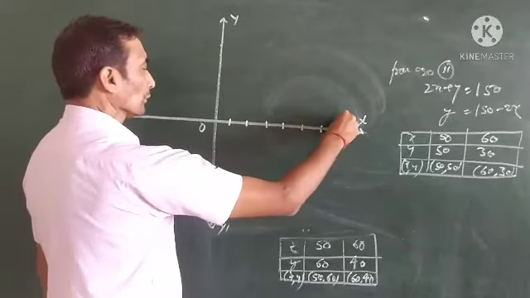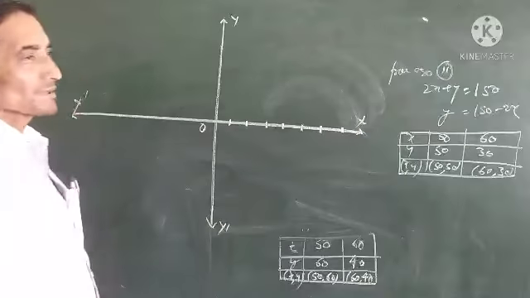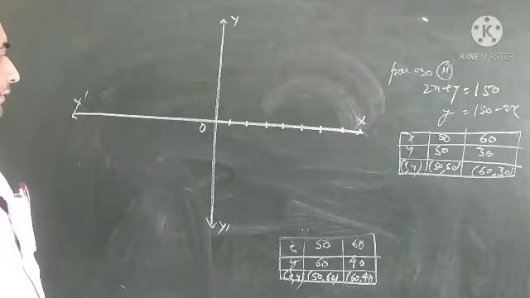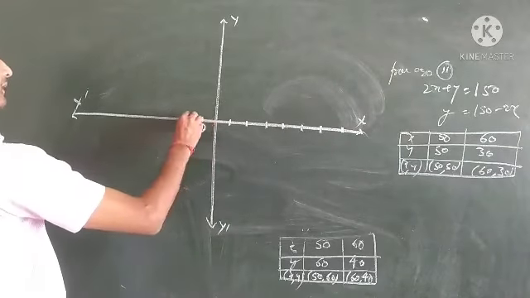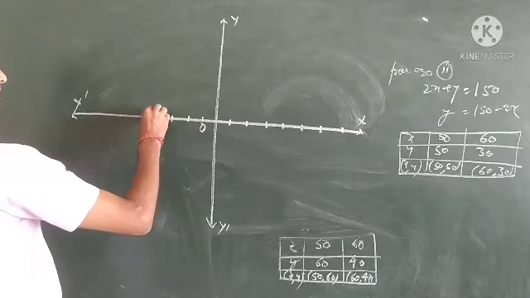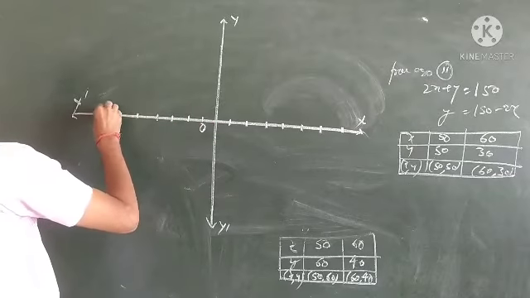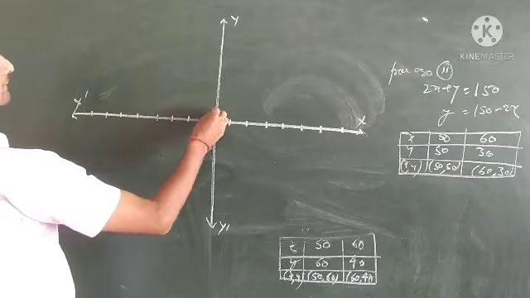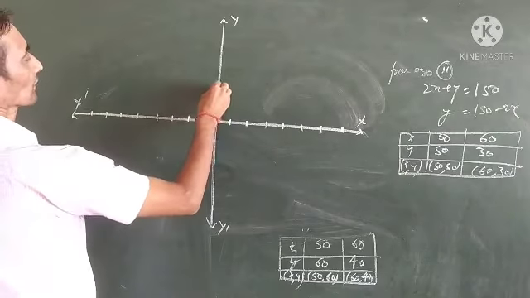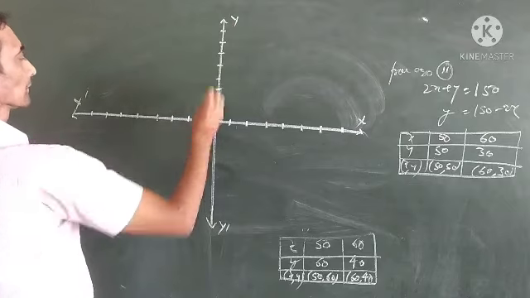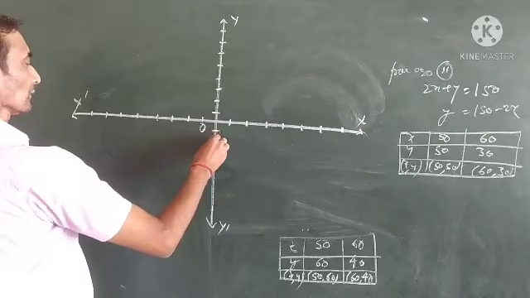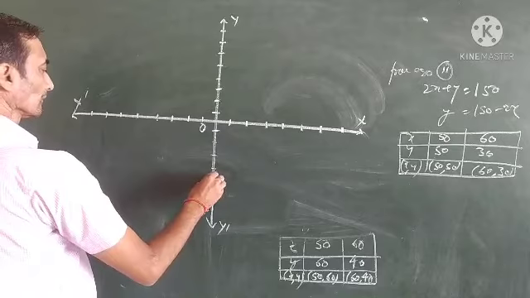You know that distance on the right side from the origin on the x-axis is positive, left side is negative. On the y side, upside is positive, below side is negative.